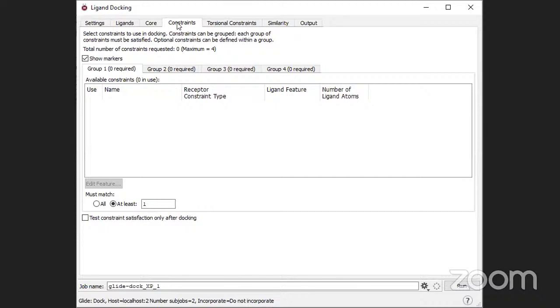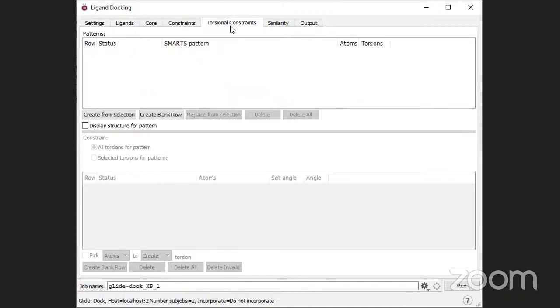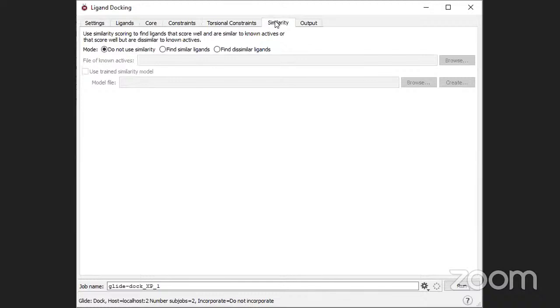In such cases, we use constraint docking, and you need to click what bonds and what metal ion interactions you require. And this one is torsional constraints. That means you are giving exact torsional angles, also specifying your ligand. And similarity sets you can do.